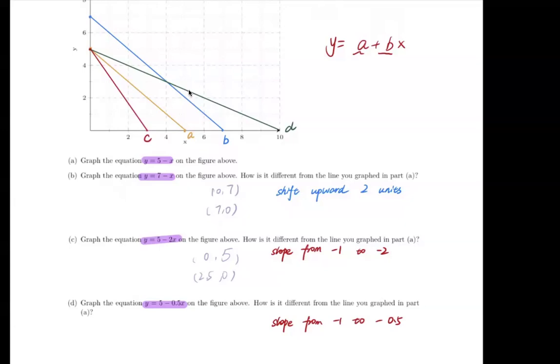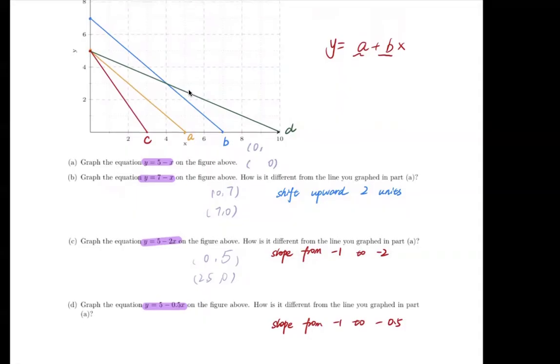How about x equals 0? When x equals 0, you only need to substitute the value of x as 0 into the original equation, then you will get y equals 5 subtract 0, right? So y equals 5 when x is 0.